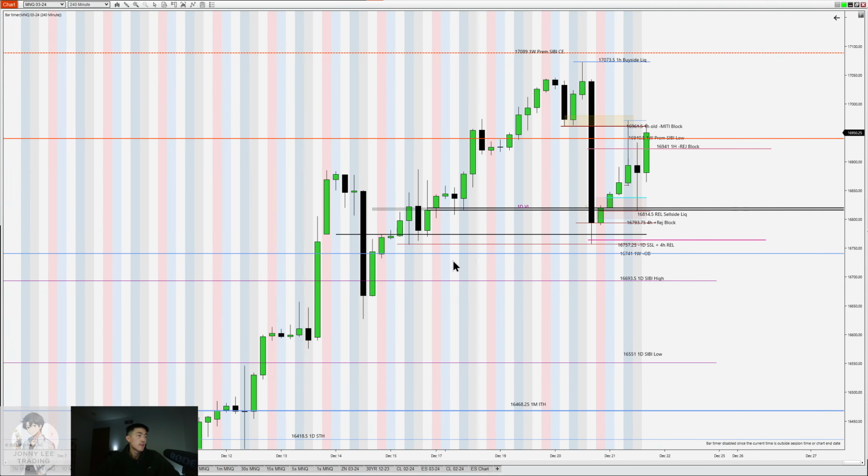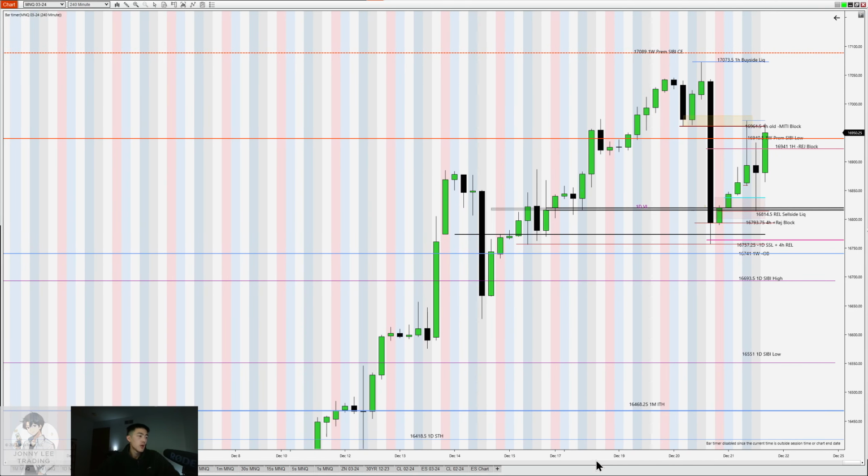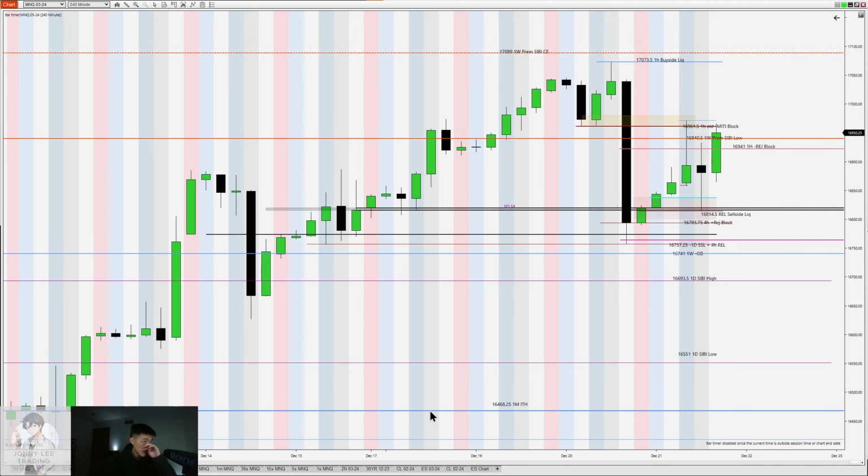So on the 4-hour chart, we see that we drew down into this segment here, and over the course of Asia, London, post-London, and as we got into some of the day's price action, we knew there were a couple of mitigation blocks.